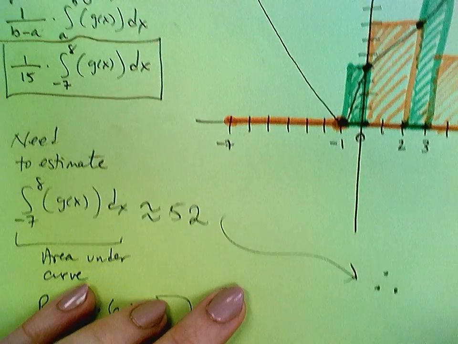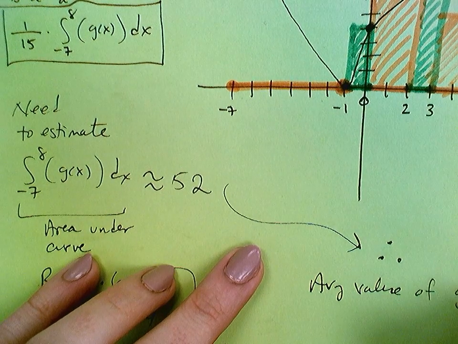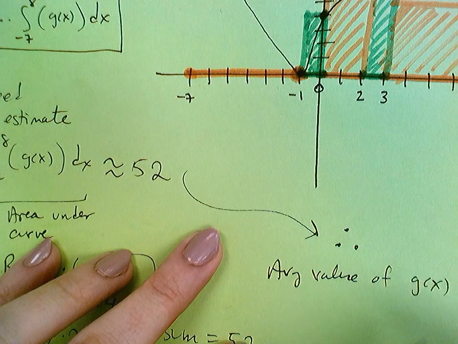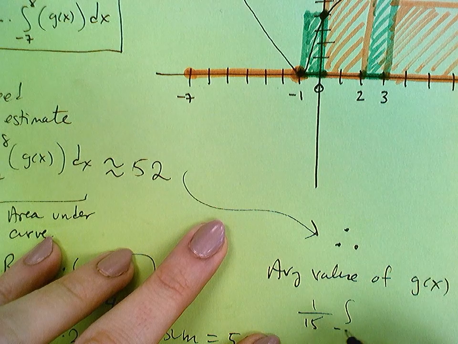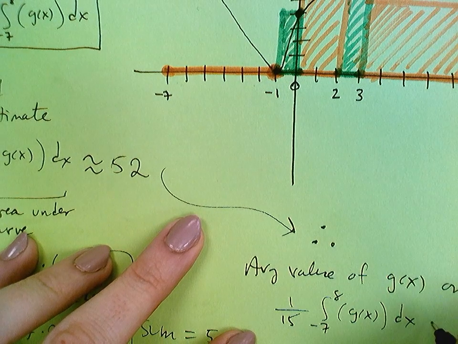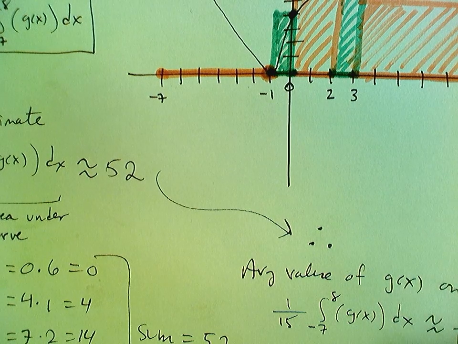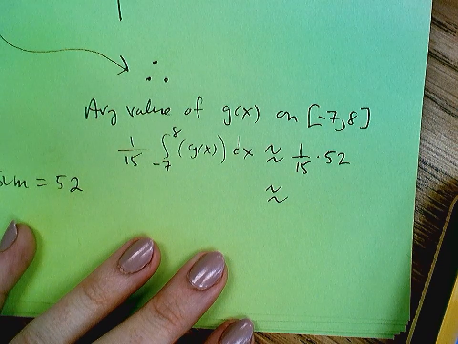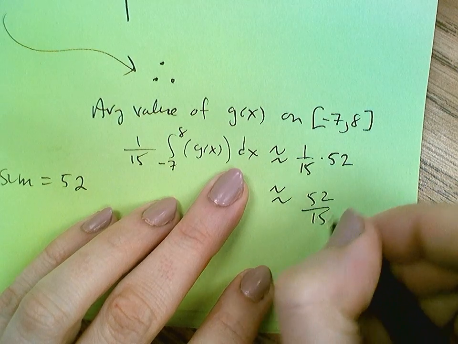So therefore, average value of g of x on -7 to 8 is 1 over 15 times this integral, and this is approximately 1 over 15 times 52, so it's 52 divided by 15. That doesn't even simplify.